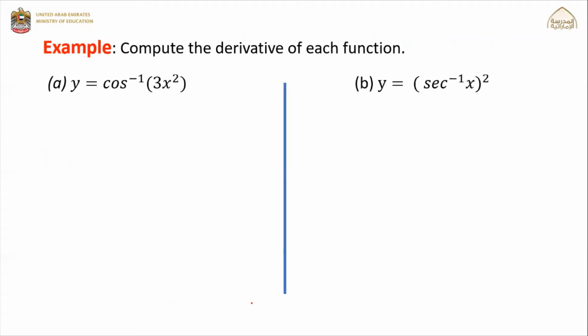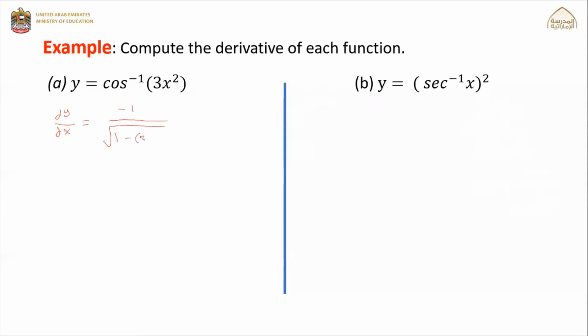Compute the derivative of each function. Here we have y equal cosine inverse 3x squared. Here I must use a chain rule because the angle is 3x squared. So dy by dx equal derivative of cosine inverse x, it's -1 over radical 1 minus angle square.